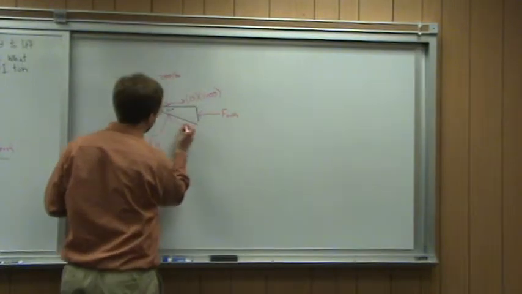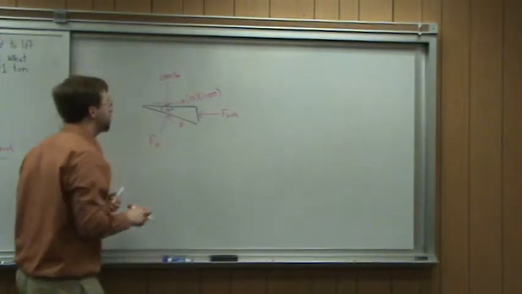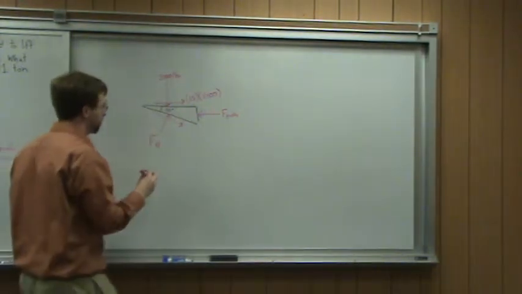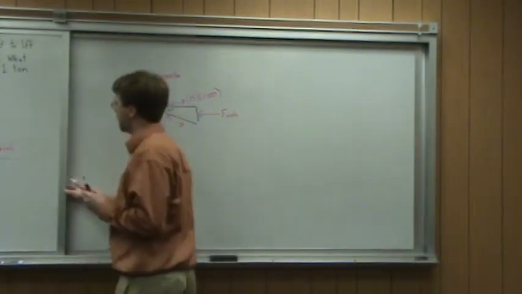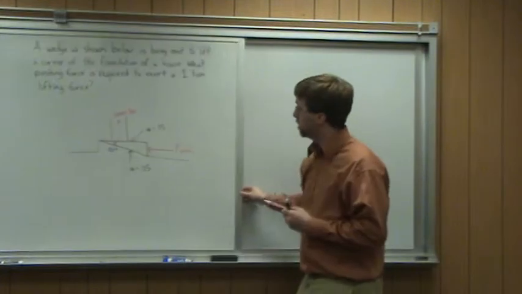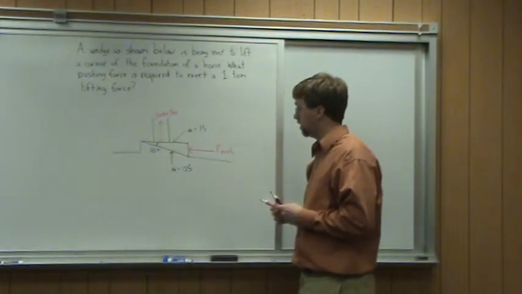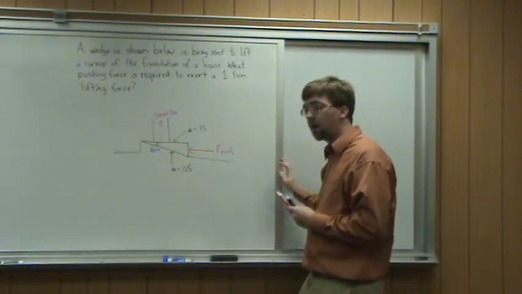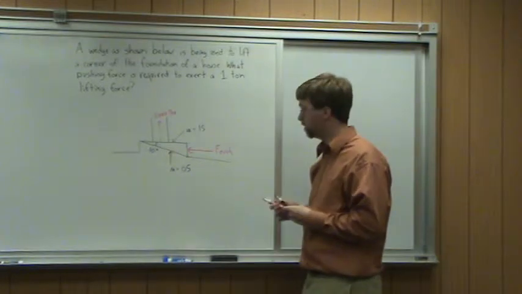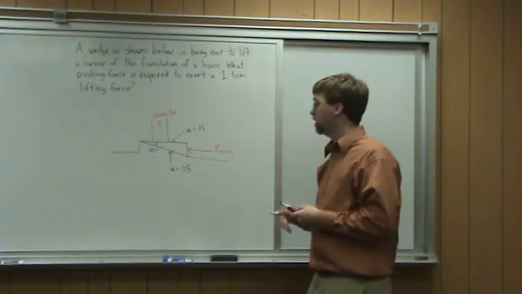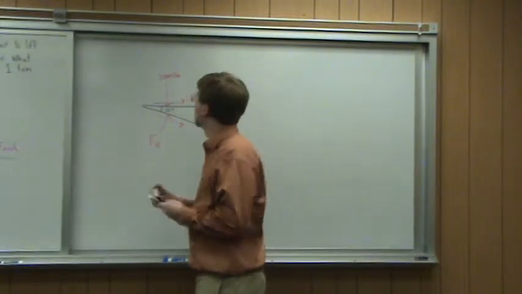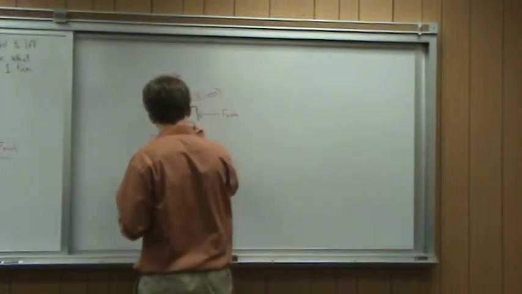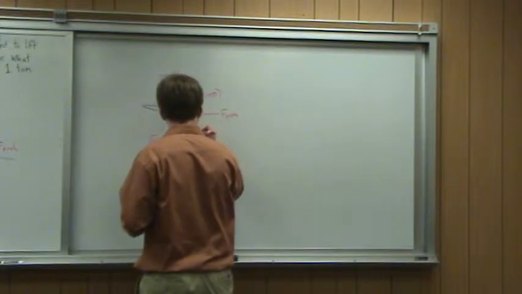Over here, I've got a second friction force. I don't know this Fn, but I do know that the coefficient of friction is 0.05, so my friction force is 0.05 times that normal force. So this is 0.05 times Fn.